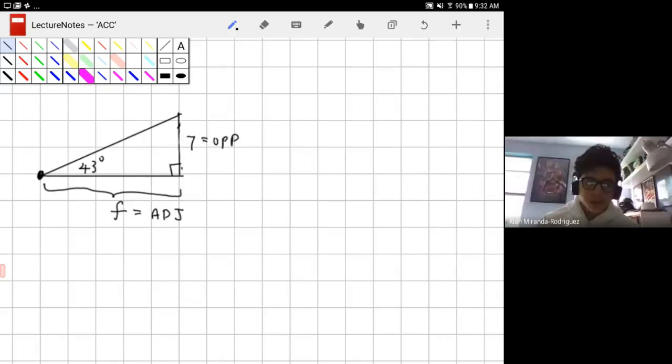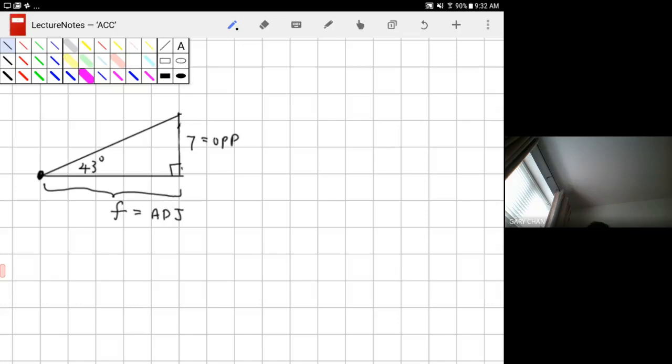This would be cosine. Try again. We're dealing with opposite to adjacent. Oh, tangent. That's it.